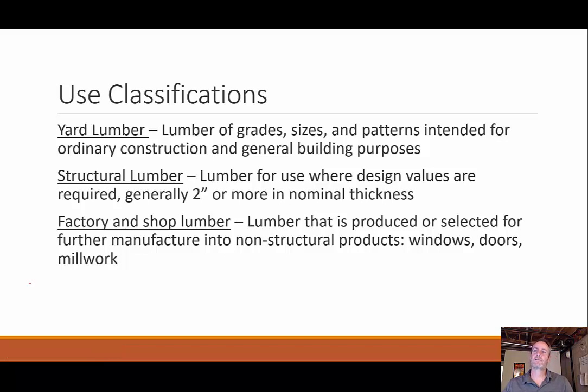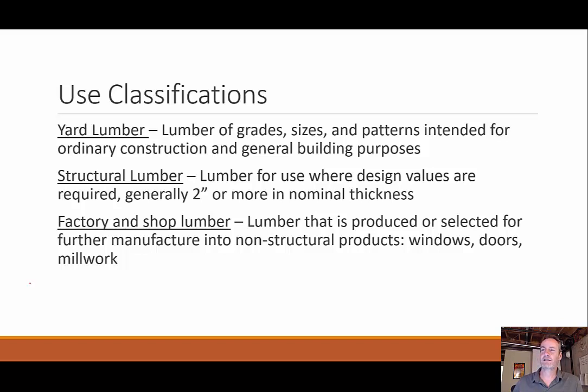With the use, we have these 3 different uses. If it's yard lumber, then it's intended for ordinary construction or general building purposes, versus structural lumber. Then we're saying something that is usually a little larger in size, and we are concerned with the structural capacity of the lumber, right?